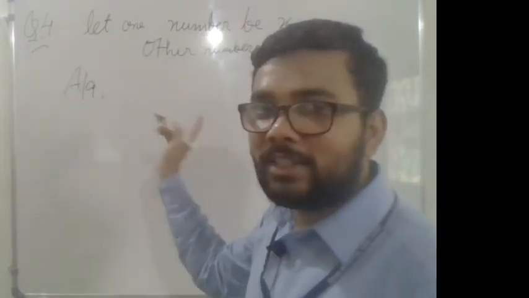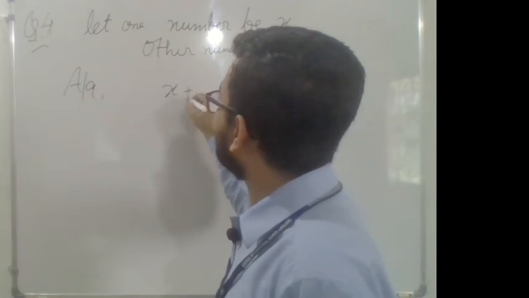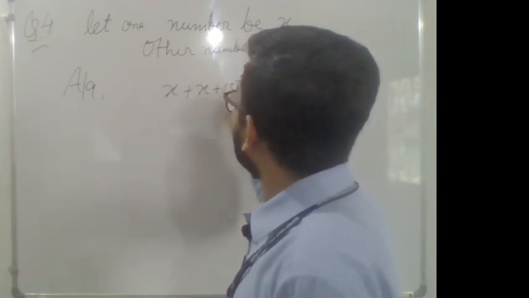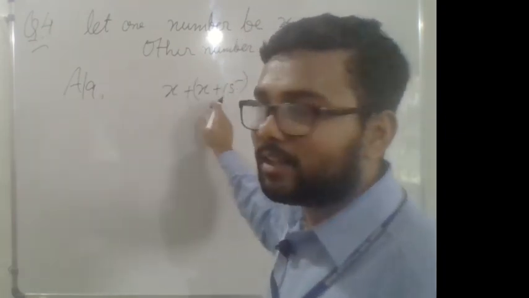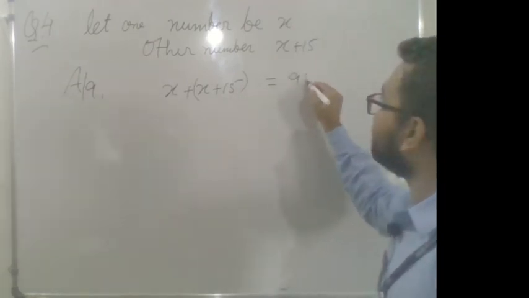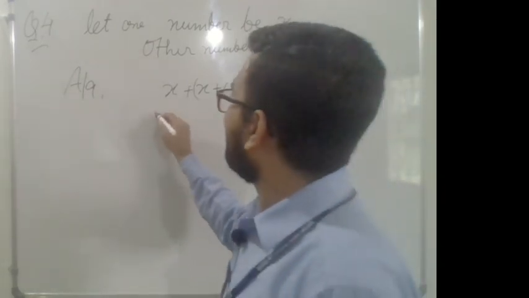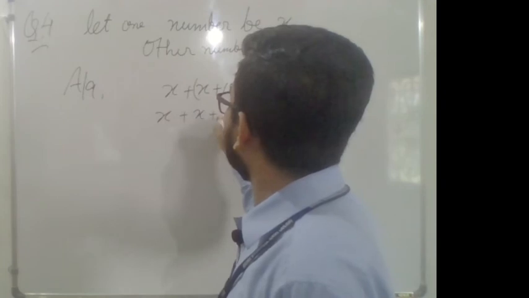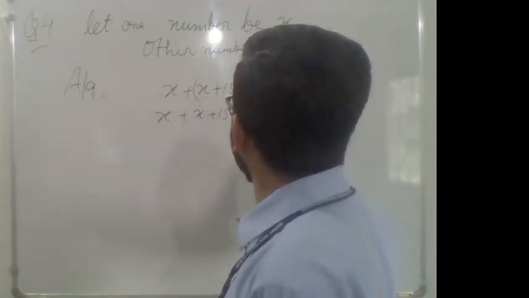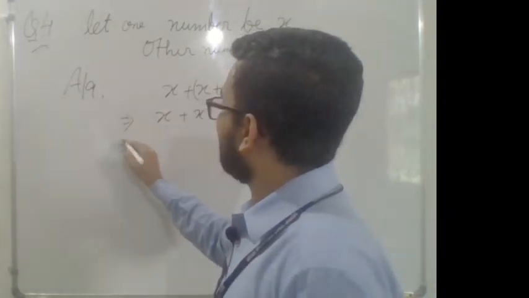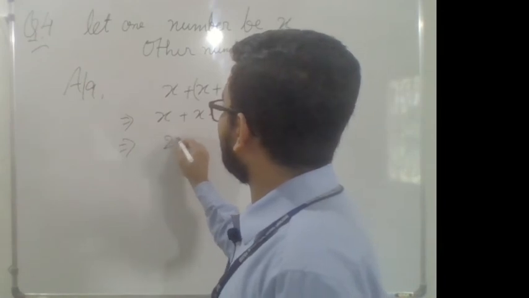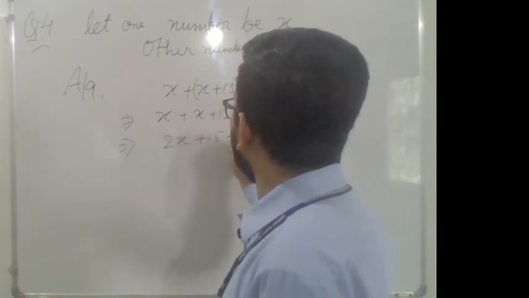When you add these two numbers, x and x plus 15, you will get 95. Now solve this. x plus x plus 15 is equal to 95. When you add, 2x plus 15 is equal to 95.